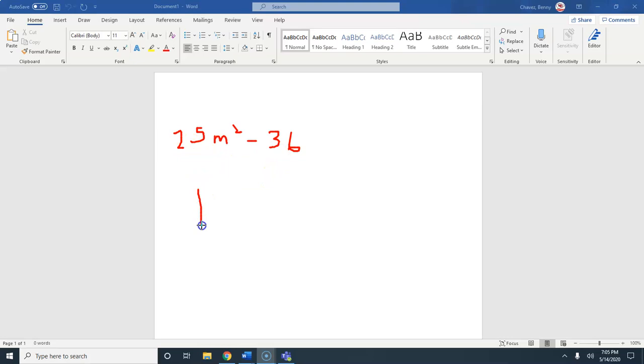If you look at it here, this square with an area of 25m squared has the lengths of 5m, because 5 times 5 is 25, and m times m is m squared. Minus this square, which again in this case is an area of 36, but that is quite simple. It's just 6 times 6.